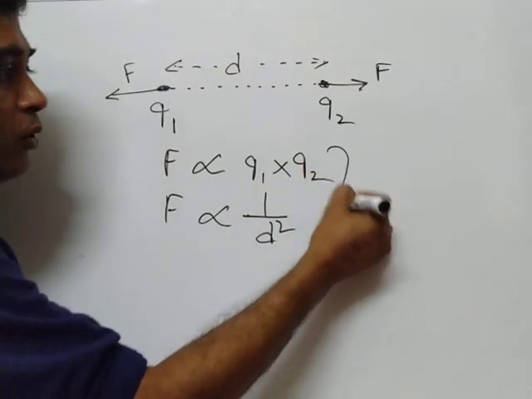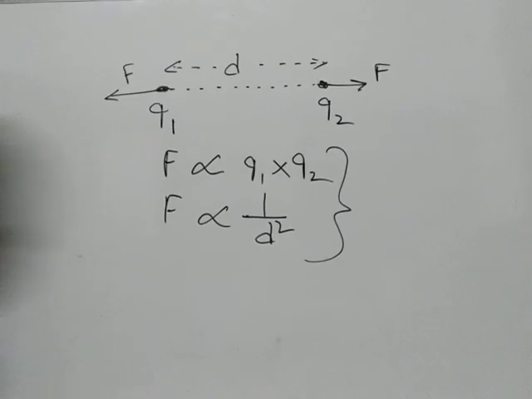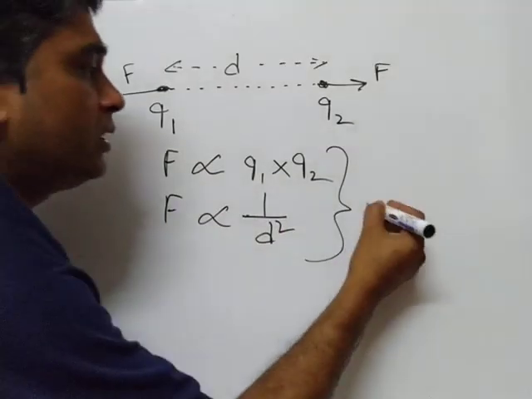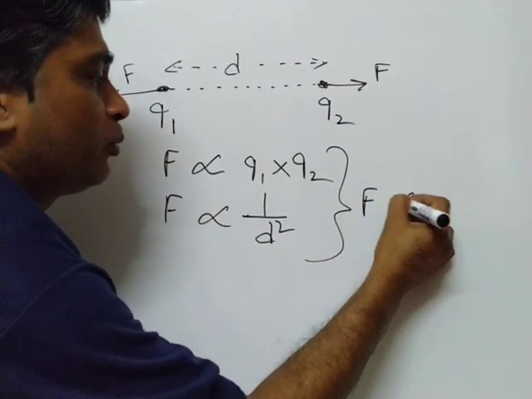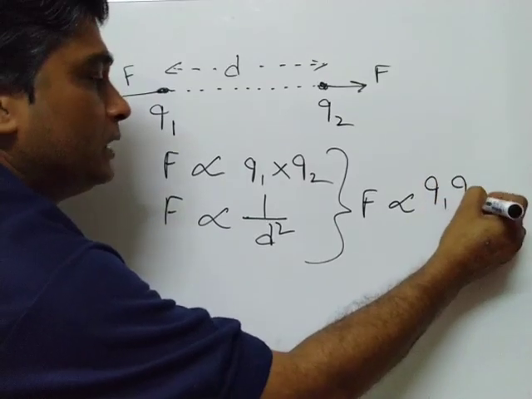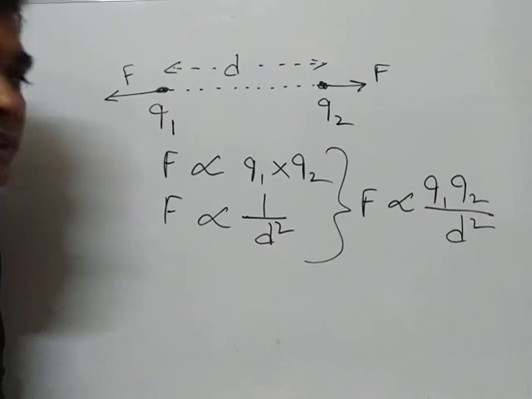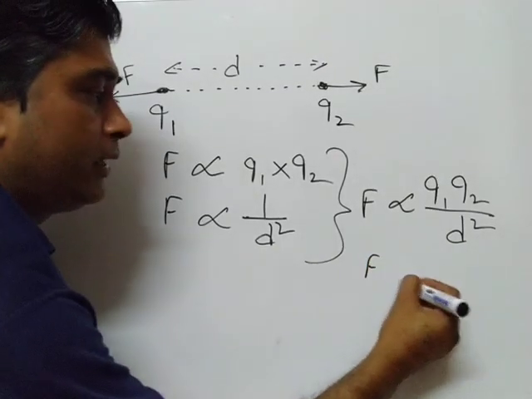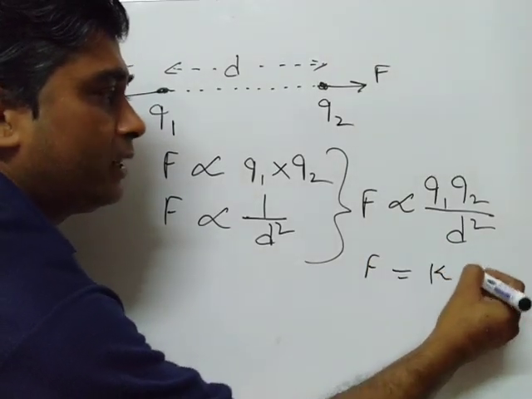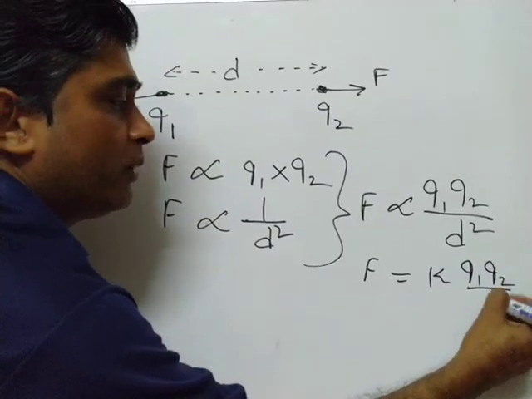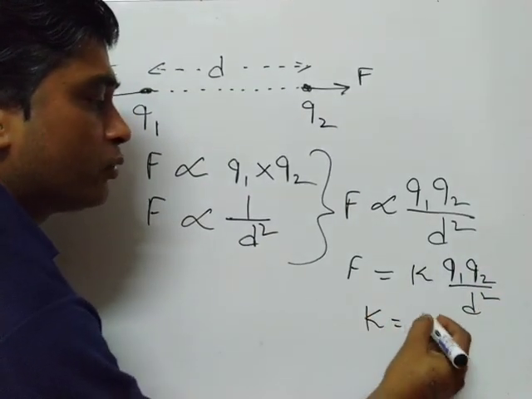And combining these two equations, you can write F proportional to Q1 Q2 by d square, or F equals K Q1 Q2 by d square, where K is a constant.